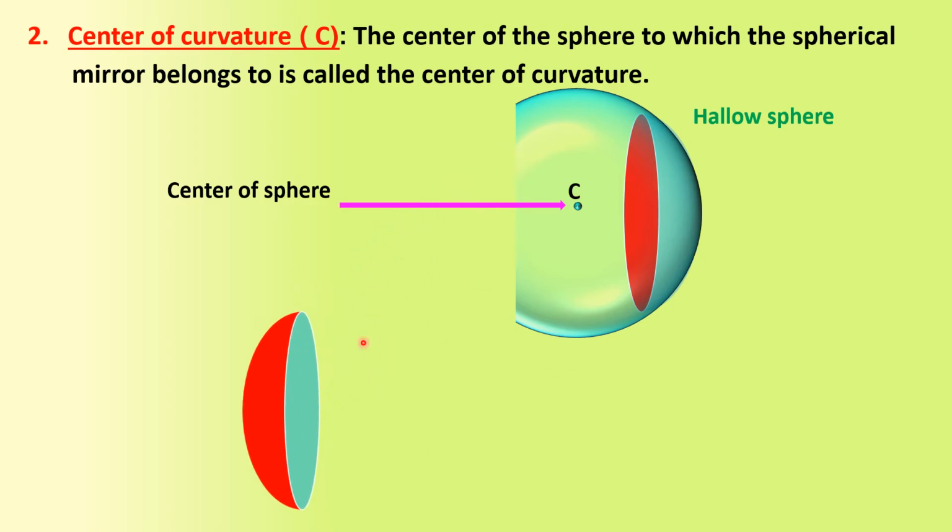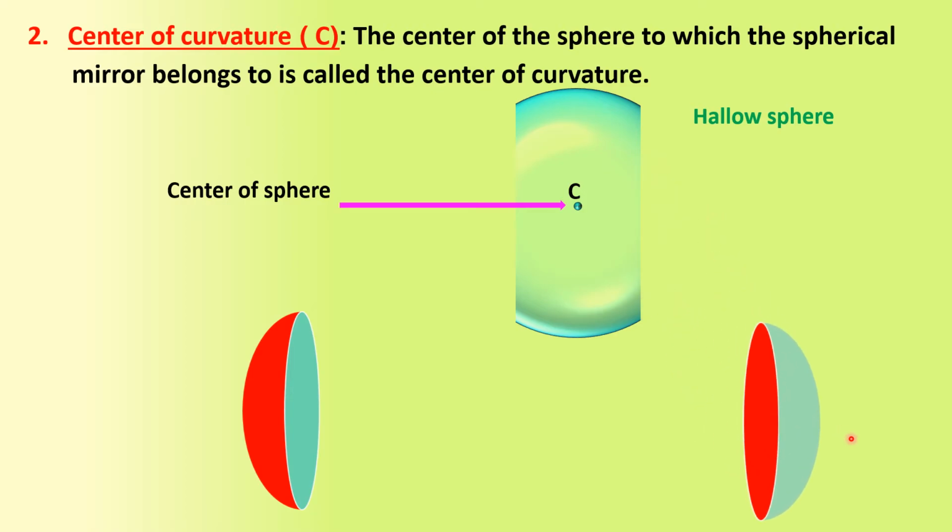This one is the concave mirror, and we can easily identify that its center is this only. So the center of the sphere to which this belongs is called the center of curvature of this mirror. Similarly, let us take it out. So this is a convex mirror. It is a concave mirror and it is a convex mirror. Both mirrors have the same center here.